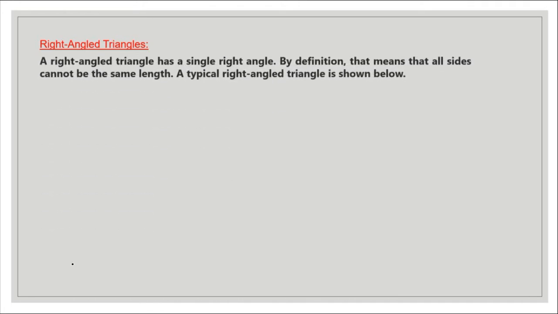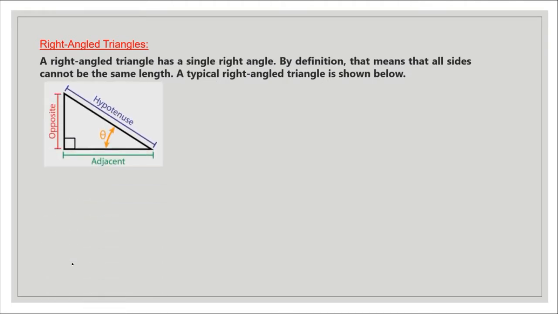Let us go back to the basics. We have learned right-angled triangle. A right-angled triangle has a right angle. By the definition, that means all the sides cannot be of the same length. A typical right-angled triangle is shown below.